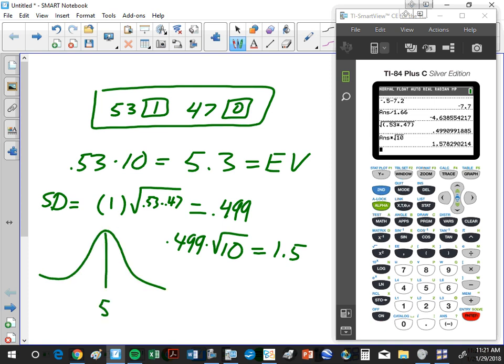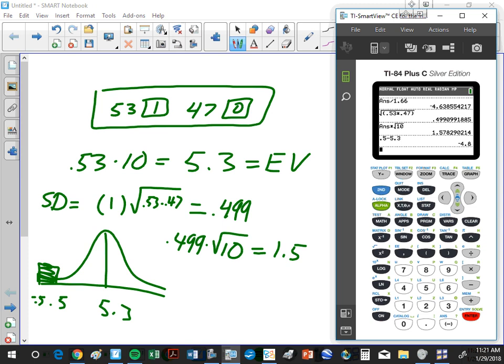So 5.3 is here. And what's the chance that he makes none of the shots? I think I messed this up on the answer. It should be from 0.5 to negative 0.5, right? So 0.5 minus 5.3 divided by 1.578.